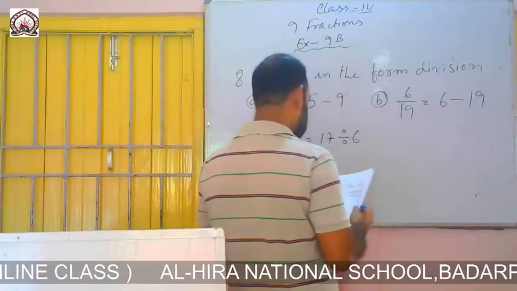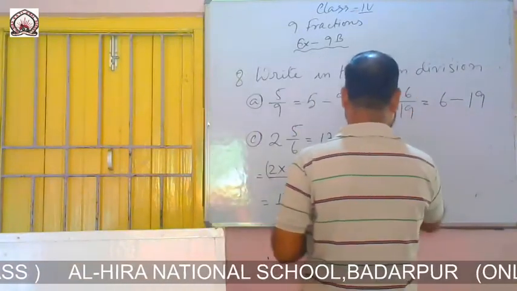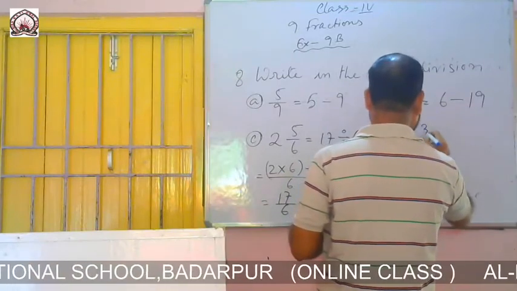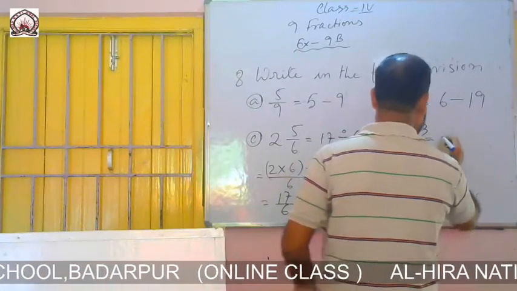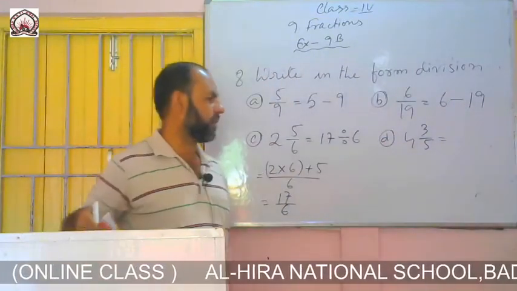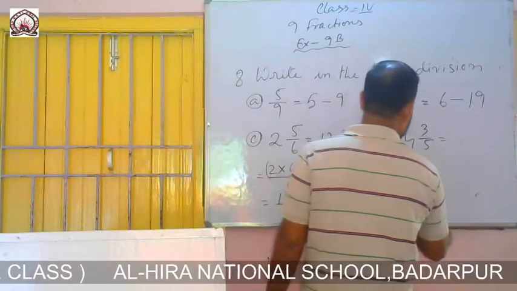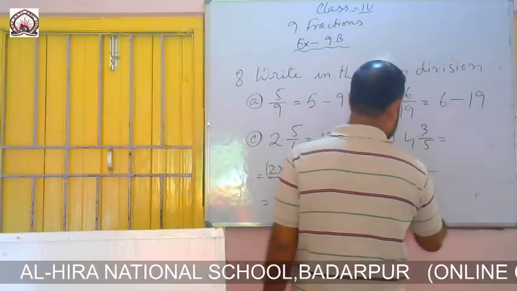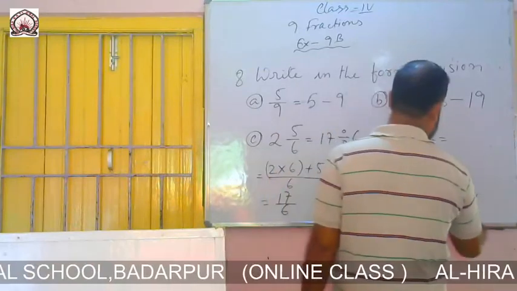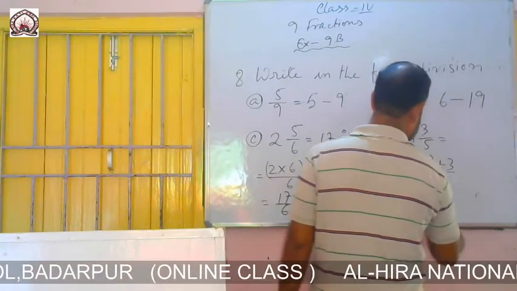Next, question number D. Same, mixed fraction 4 3 by 5. So first we change it into an improper fraction. So here 4 into 5 plus 3, by 5.